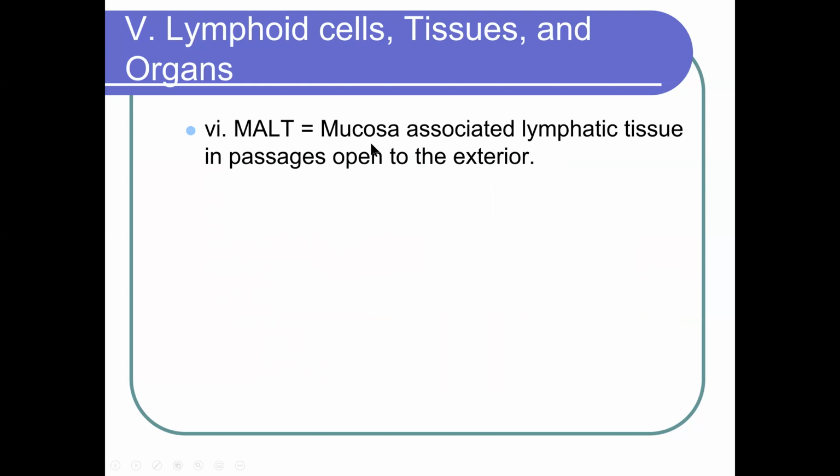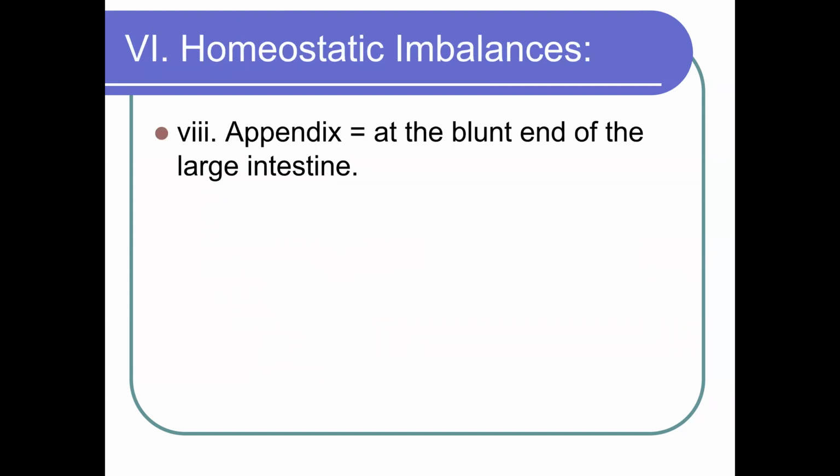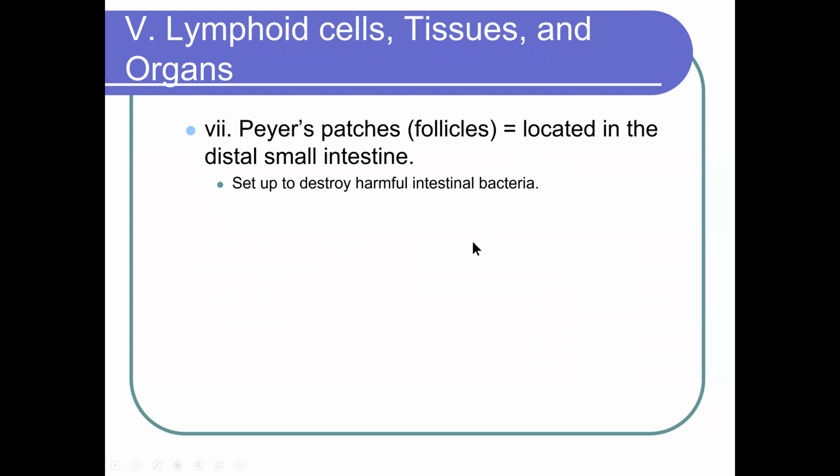MALT is mucosa associated lymphatic tissue in passageways open to the exterior. Peyer's patches are located in the distal small intestine, and they're set to destroy harmful intestinal bacteria. Okay. If you think about it, they're located around the appendix. They're in the distal small intestine.